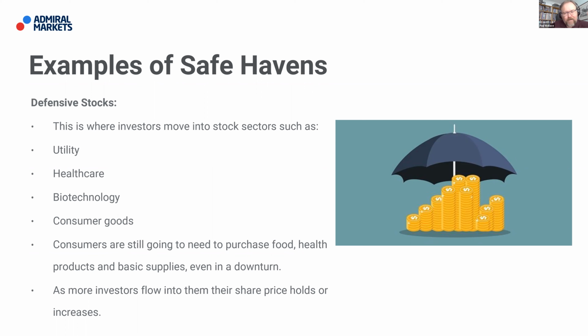Not unsurprisingly, during the start of COVID, their stock price rose because people were buying into defensive stocks and knew there was still demand. That demand held up their share price or actually helped it increase somewhat.